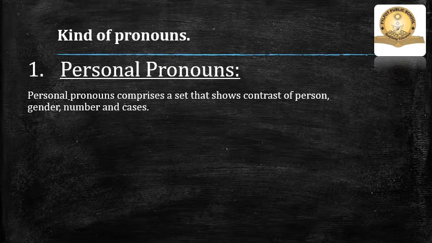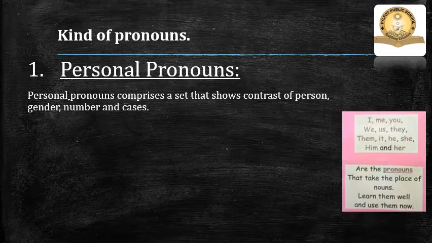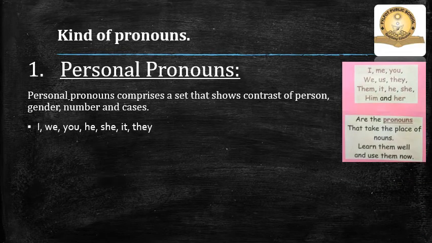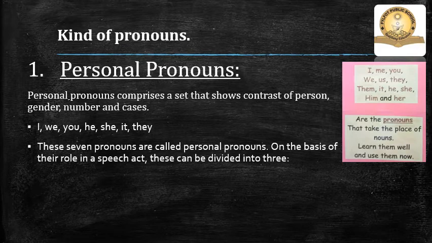Okay, so what do we use for personal pronouns? We use I, we, you, he, she, it, they. So these are the fixed pronouns you're going to use as personal pronouns. Fine.